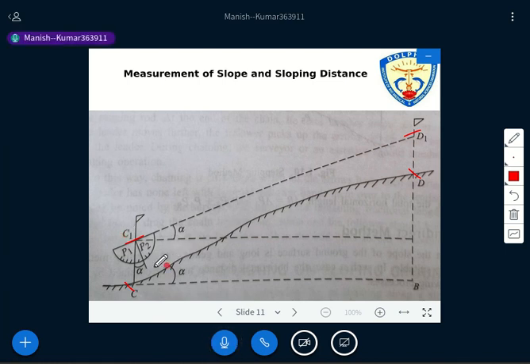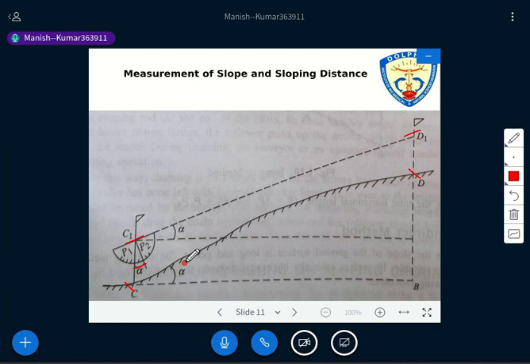Is it clear? So this is the angle that has been shown here, alpha. Alpha is the angle that we get by using the clinometer.